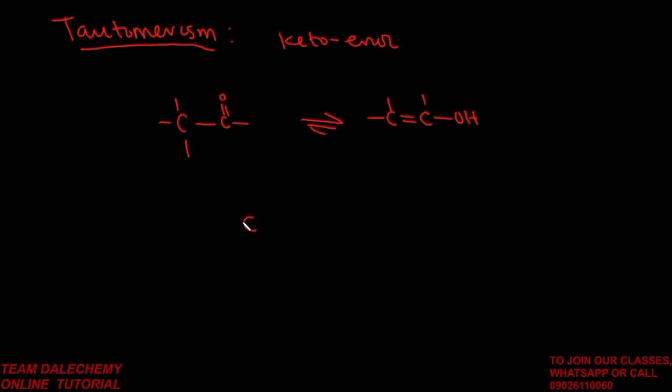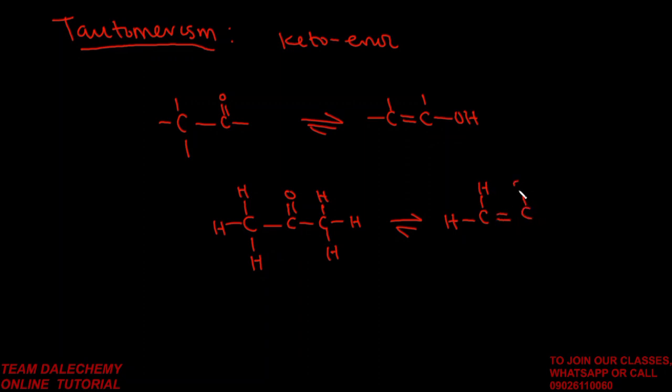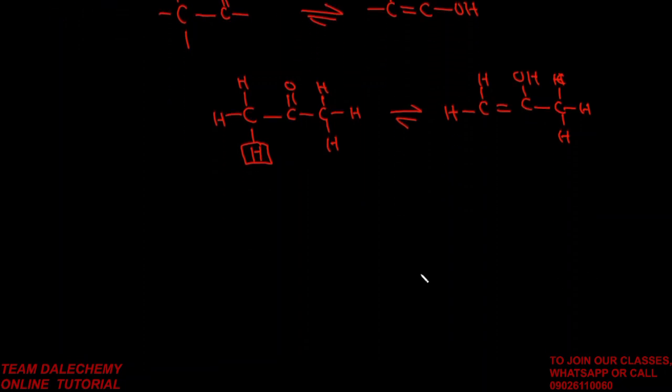Let's say we have this hydrogen, hydrogen, hydrogen, and C double bond O, C H H H. This can tautomerize to an enol by removing one of the hydrogens here. So what happened is that one of the hydrogens here has been removed and placed beside this oxygen. Now one of the bonds here has also been removed and placed here. That's the only thing that happened in keto-enol tautomerization.